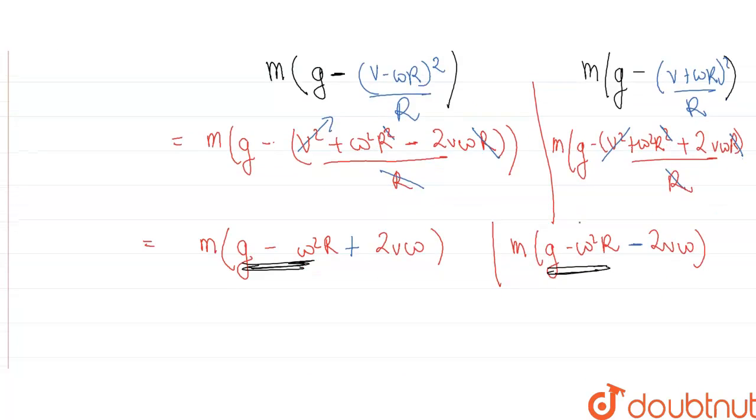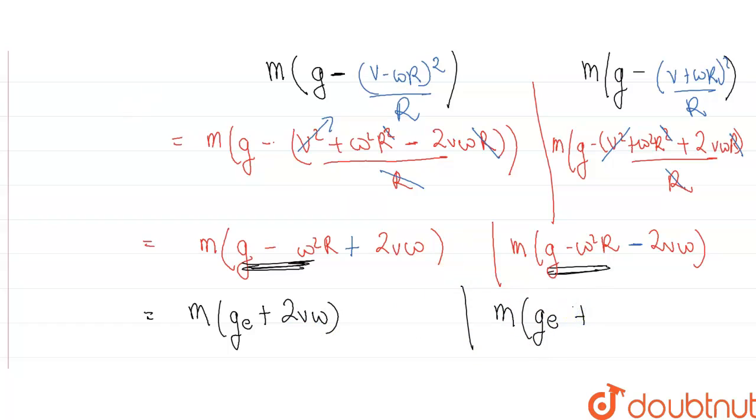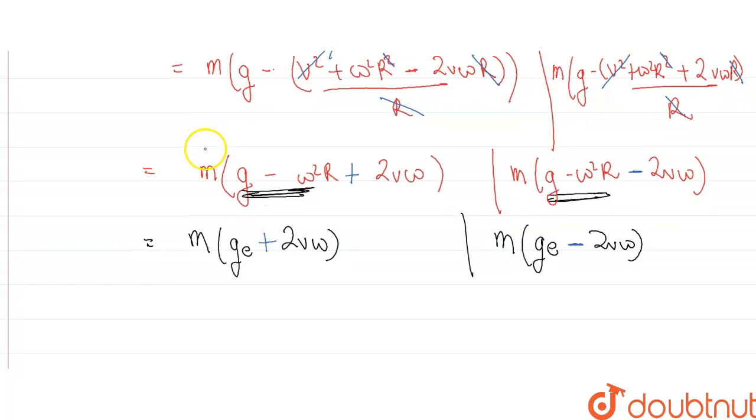Now substituting this, m g plus 2v omega, and m g minus 2v omega. This is positive, this is negative. If I combine these two, we would get m g plus minus 2v omega.